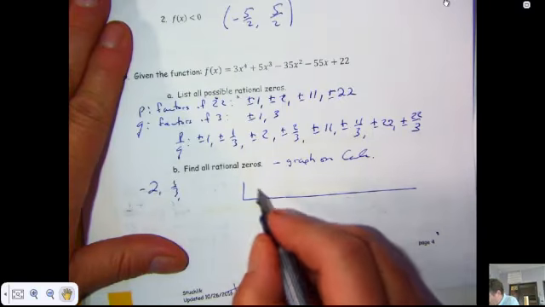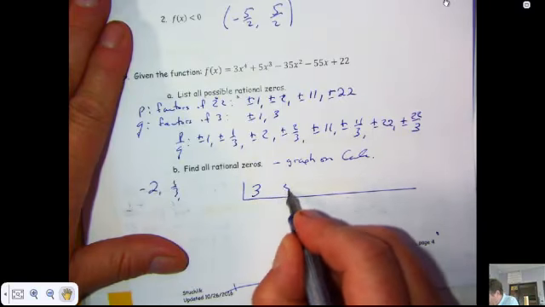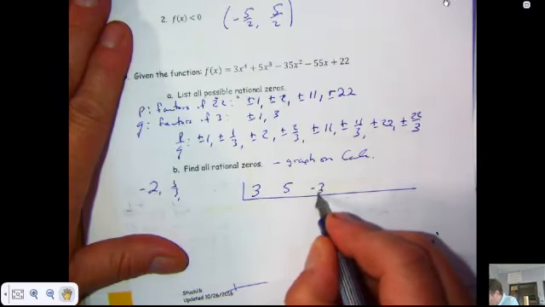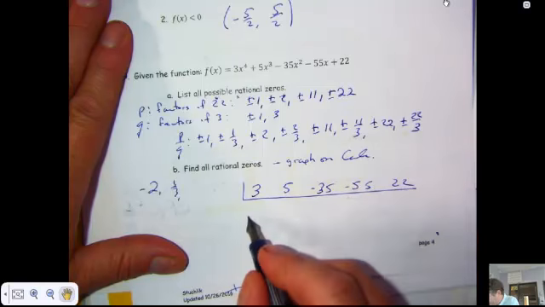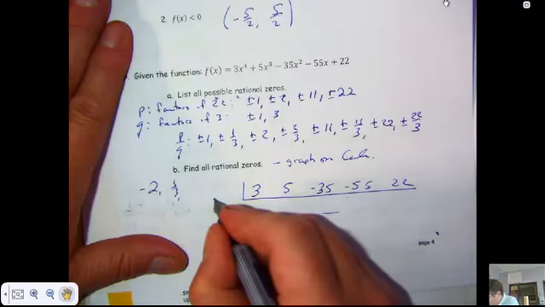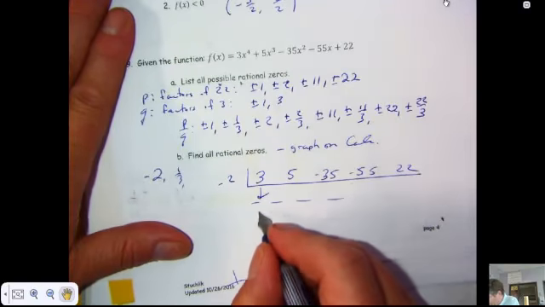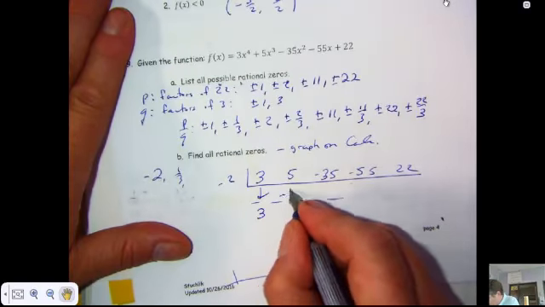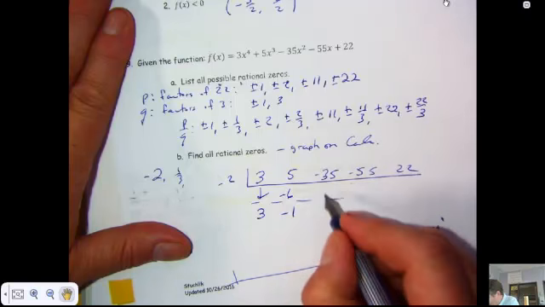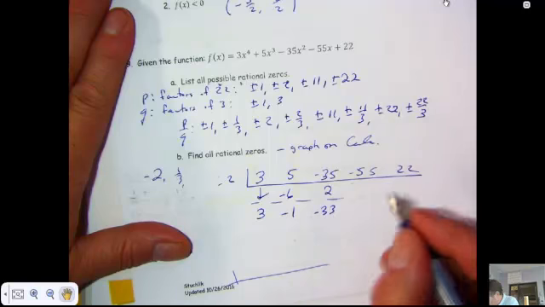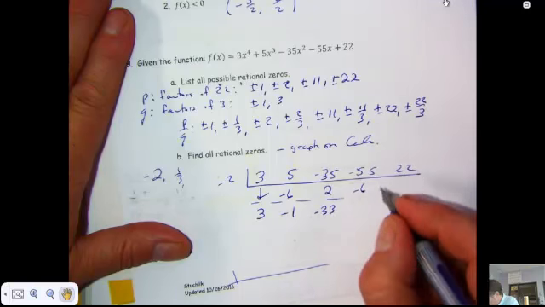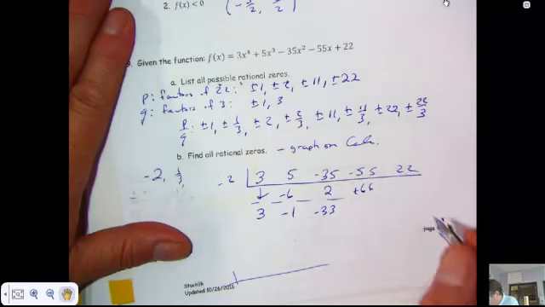Okay, so we have 3, 5, negative 35, negative 55, and 22. So negative 2. Negative 2. Negative 60, wait, no, 66.